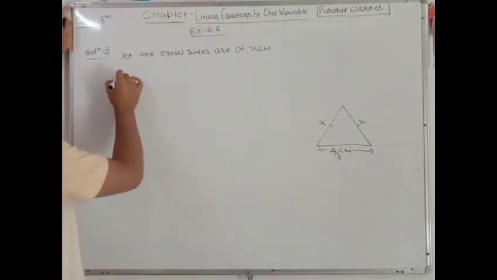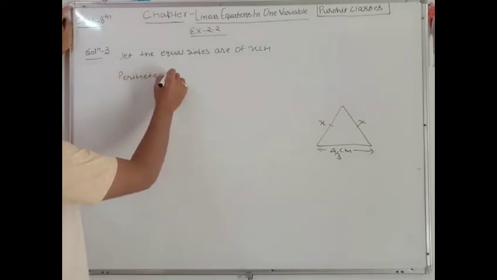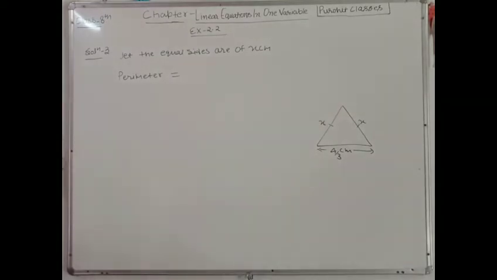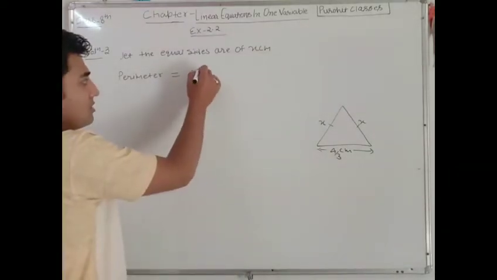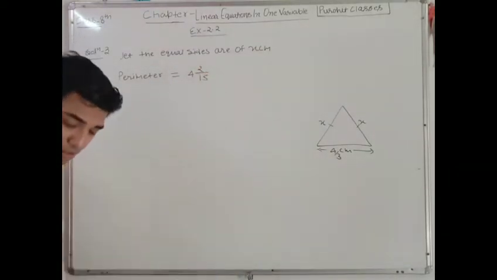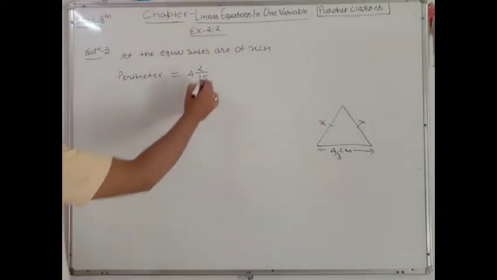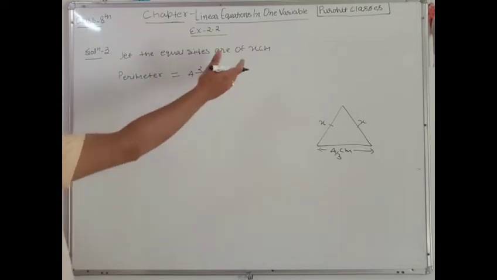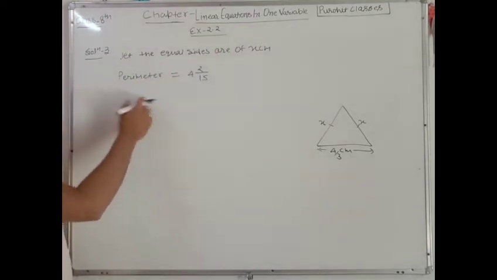Okay, then perimeter is equal to, it is given, what is the value of perimeter? That is 4 whole 2 upon 15. Understood? This is also in centimeter, but we are not writing it here, doesn't matter, as we know the final answer will be in centimeter. So write down the formula of perimeter.